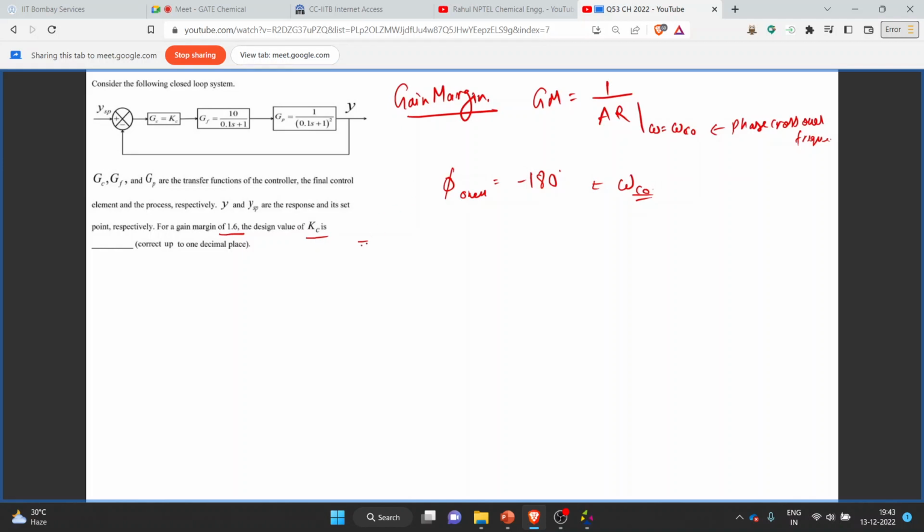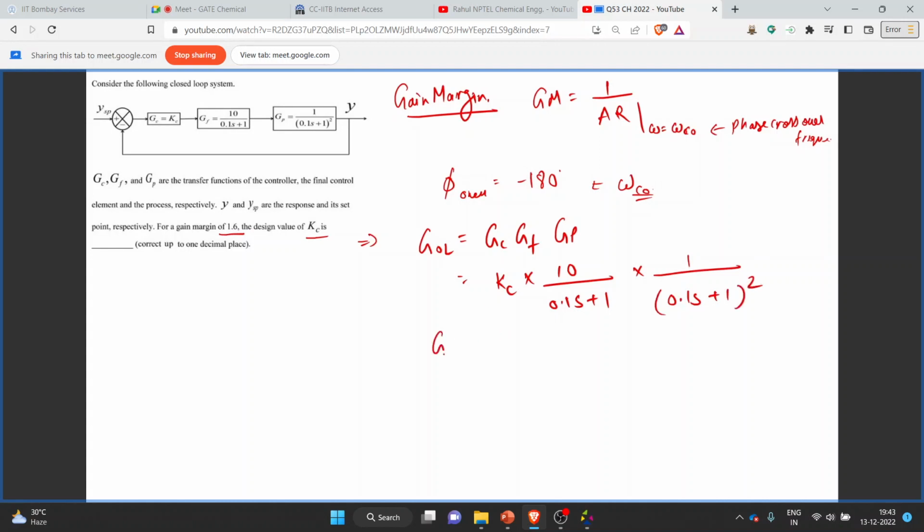So the overall phase lag of this transfer function. Let's write the open loop transfer function as G open loop equal to GC GF into GP. GC we have been given as Kc, GF, the transfer function of the final control element, is 10 upon 0.1 s plus 1, and for GP, the process, the transfer function is 1 upon (0.1 s plus 1) whole square.